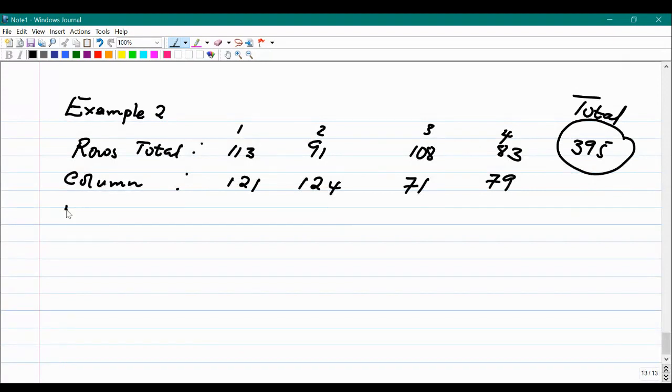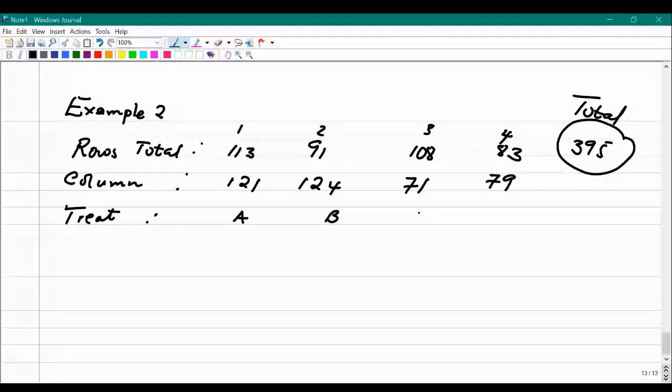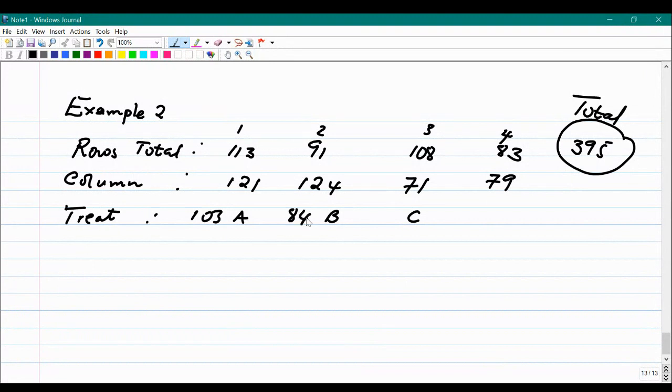The last one is the treatment. Somebody help us fast. 103 for A, 84, 119, and 89.